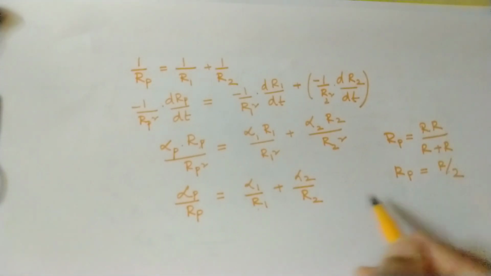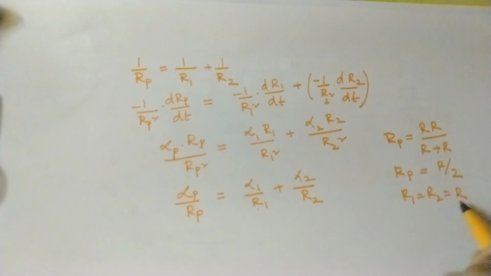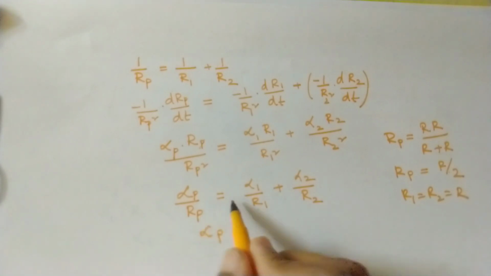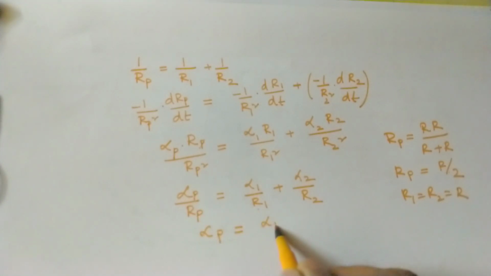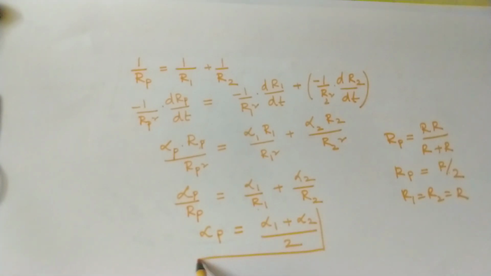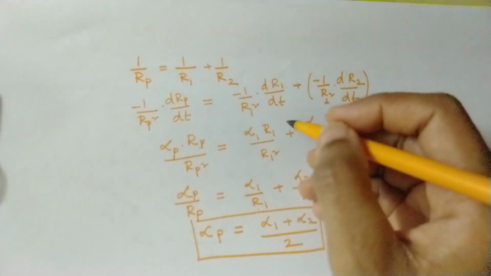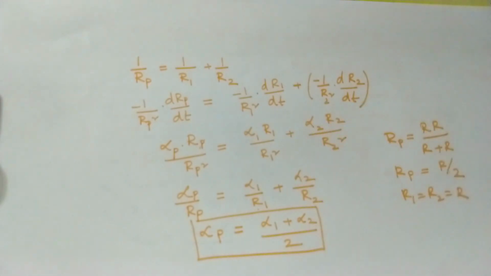Substitute Rp as R by 2 and R1 and R2 as R. Then what will you get as the temperature coefficient of resistivity in parallel combination? It will be alpha 1 plus alpha 2 whole divided by 2. So you get the same answer for equivalent temperature coefficient of resistivity in series as well as in parallel combination.